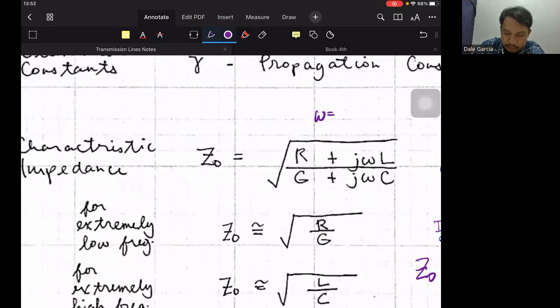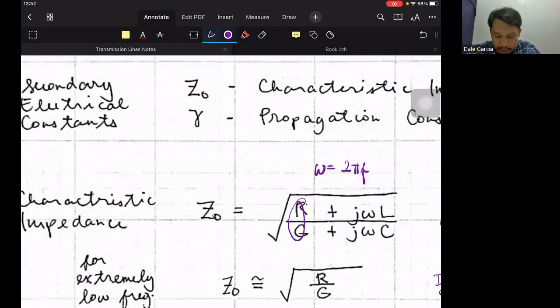Of course, we already know this one. So R plus j omega L over G plus j omega C. These four are the primary electrical constants.